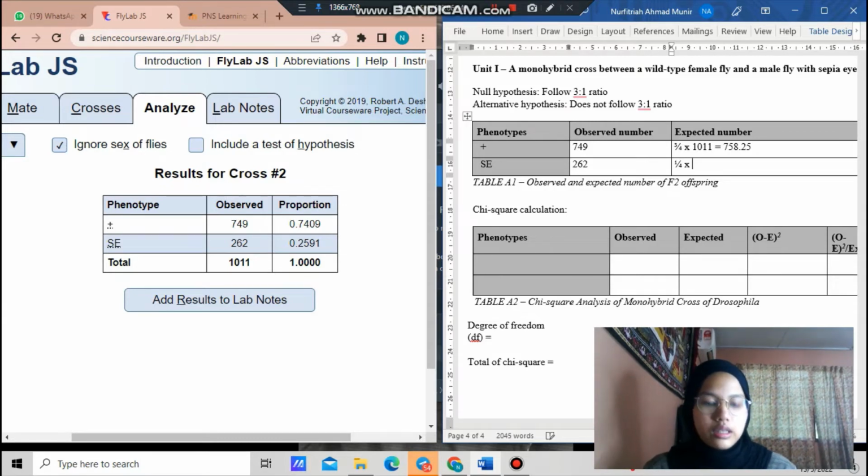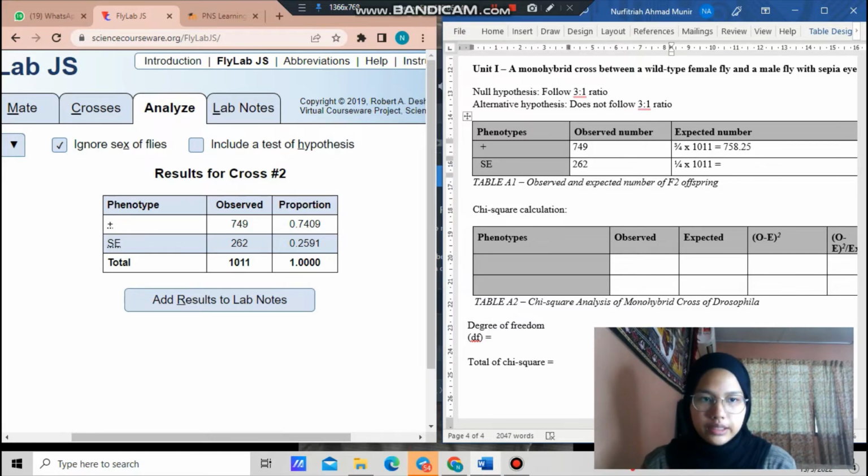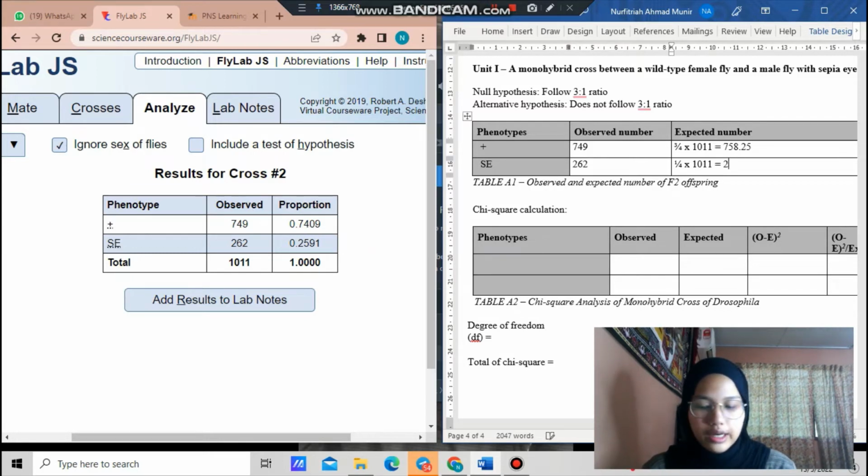Then for the SE, we get the rest, which is 1 over 4 times the same total number, which is 1011. So the expected number for SE is 1 over 4 times 1011, which is 252.75.